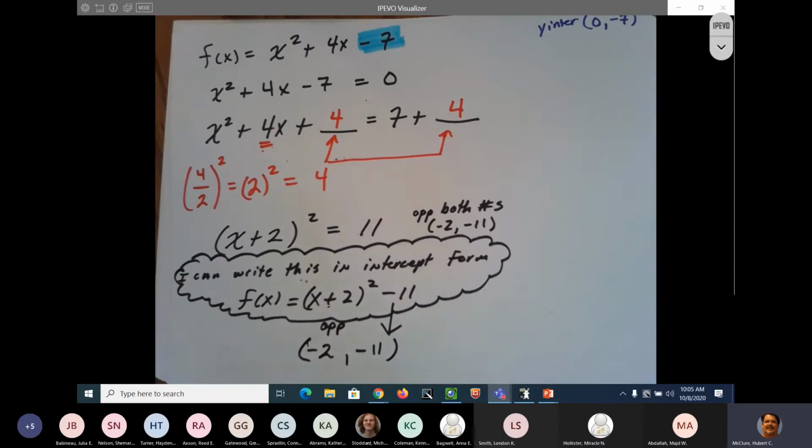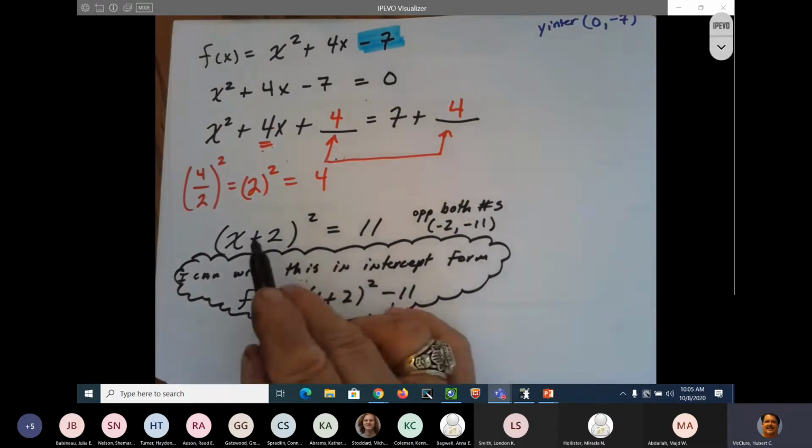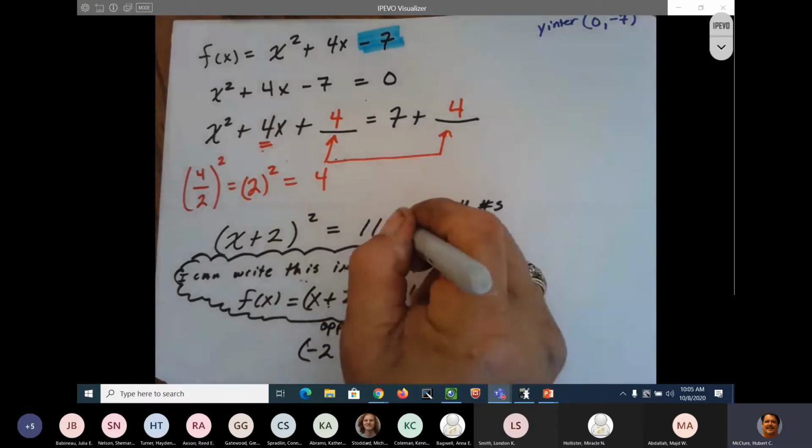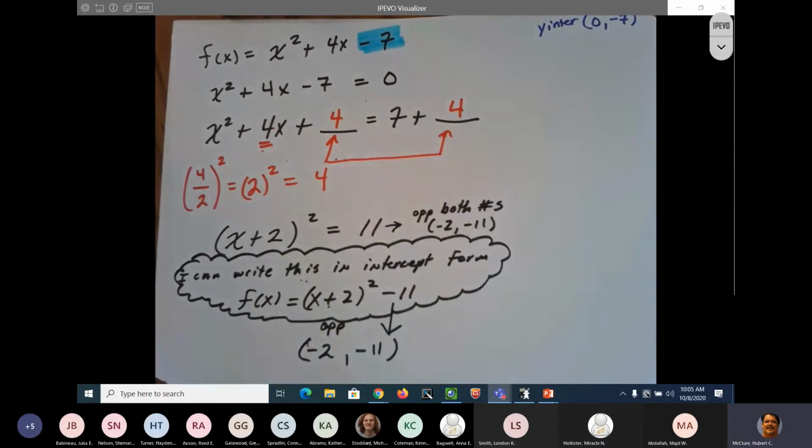Now, I need you to make a note that you understand the difference between the two. If you take the vertex from this form right here, you just take the opposite of both. If you turn it into the intercept form, you take the opposite of the first one, the h, which is a horizontal shift, and you just bring this down.